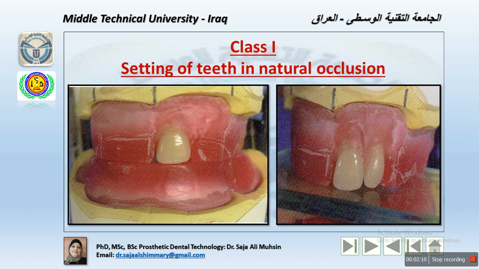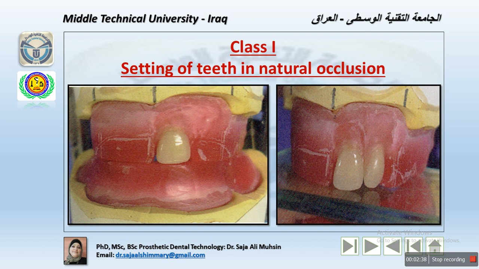The inclination of the central will be upright with the incisal edge contacting the occlusal plane or a glass slab, whatever flat surface is used to measure the placement of the anterior teeth.